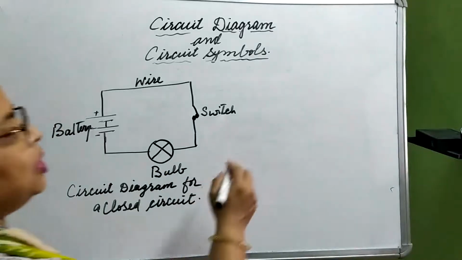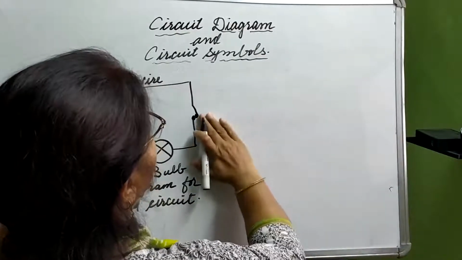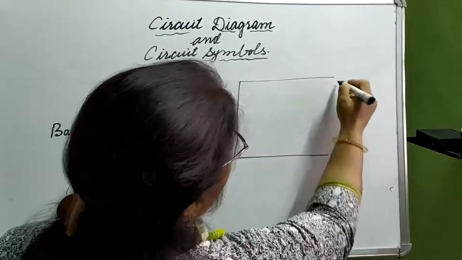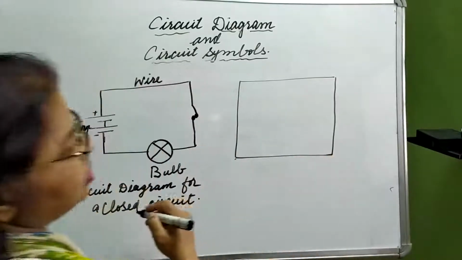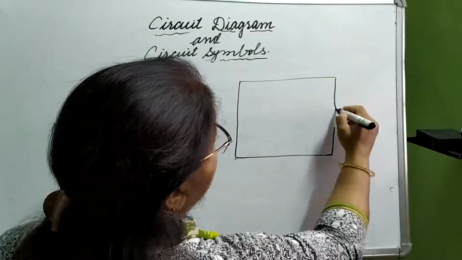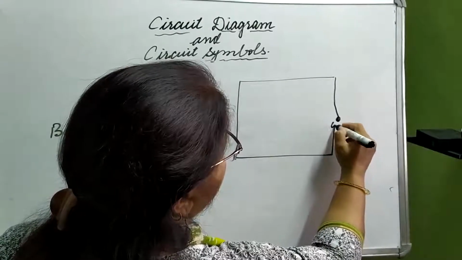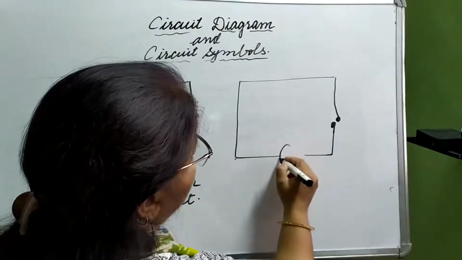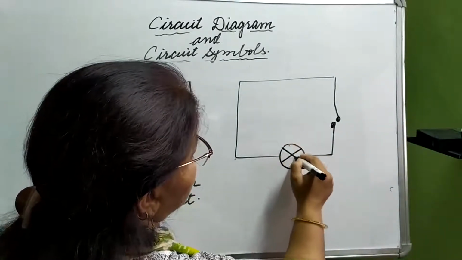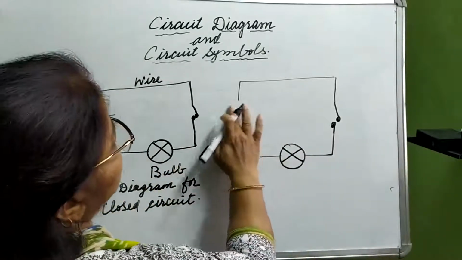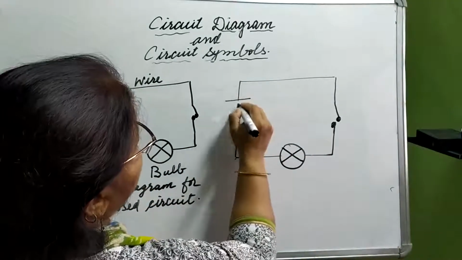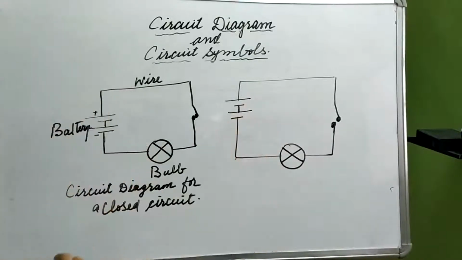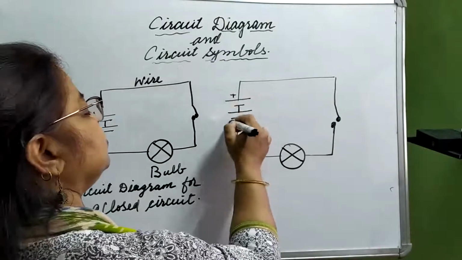Now let us make one more circuit diagram. I am going to erase it. First we made a closed circuit, then a not connected one. Here we show the bulb, a cross in a circle, then the battery with positive negative, positive negative, connected.